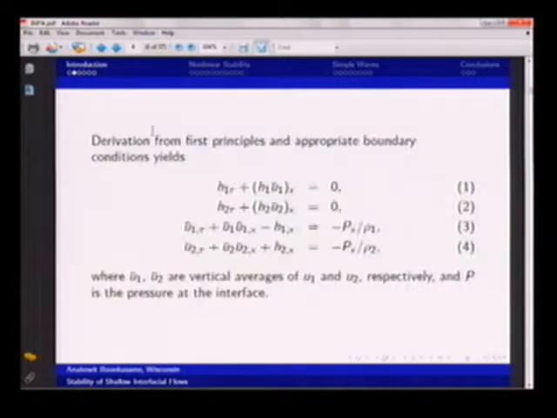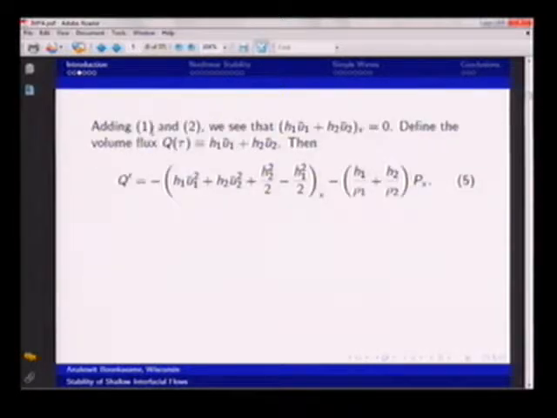We notice that if we add the first and the second equation together, you get H1 plus H2, and you take the partial of a constant with respect to time, so you get 0. As a result, you see that the volume flux, which I'm going to call Q, should be a function of tau, or time, only.